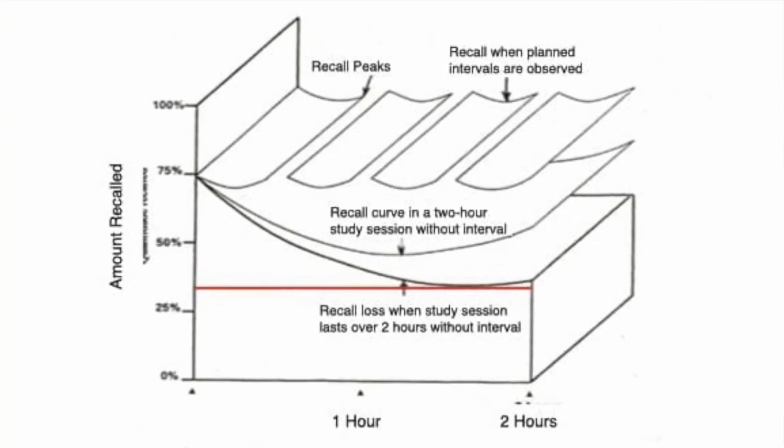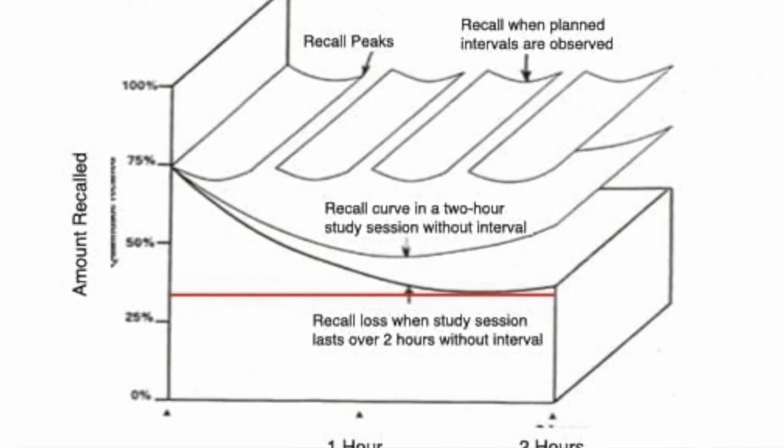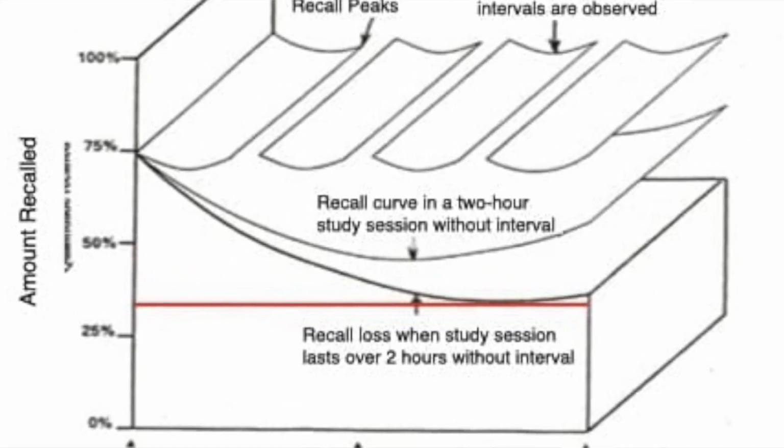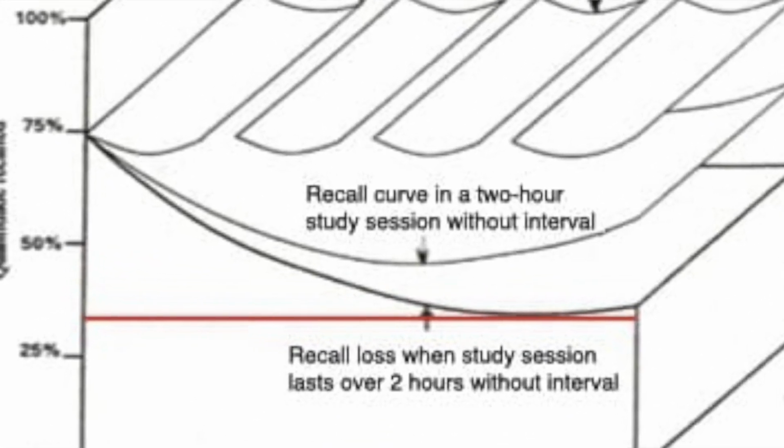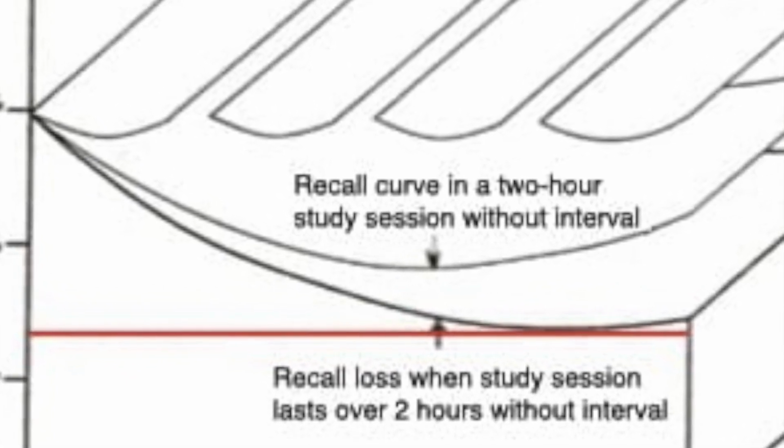And remember the von Restorff effect, that in a 2-hour study session, we will recall more at the beginning and the ending, and the middle will fade away from our memory real quickly, unless it is something that's very different, like the word Washingtonian that I told you about.